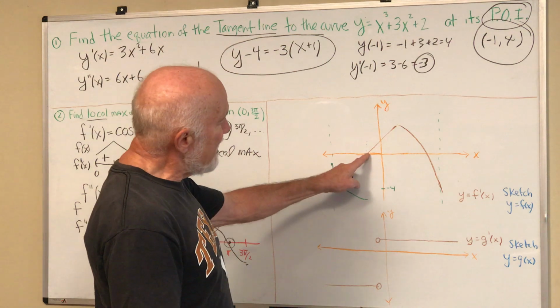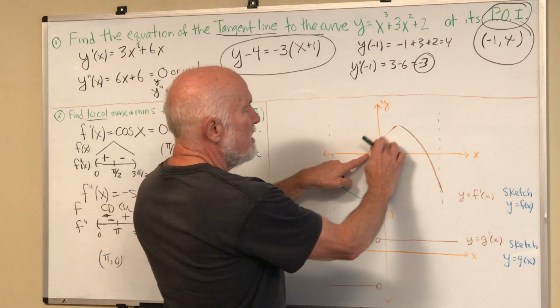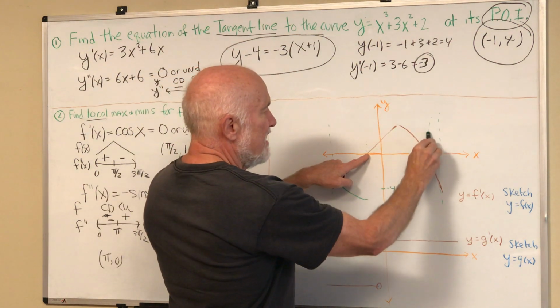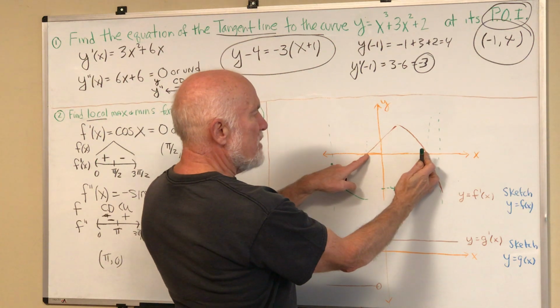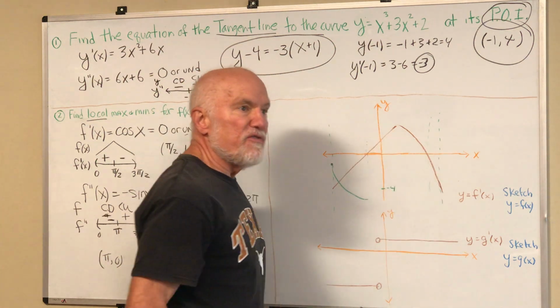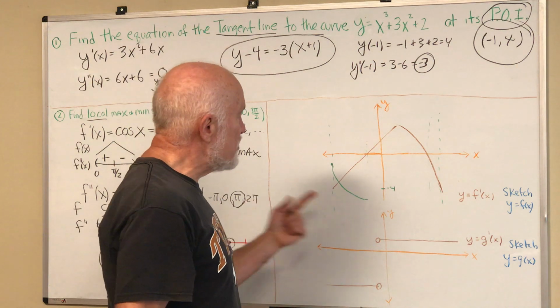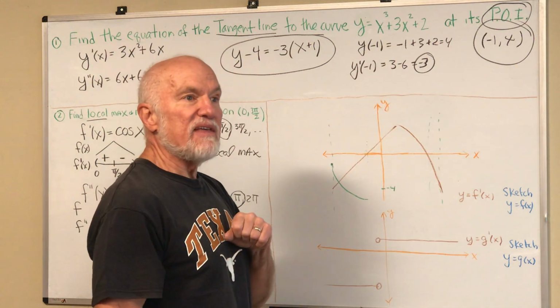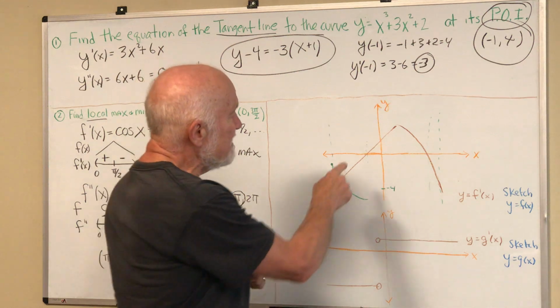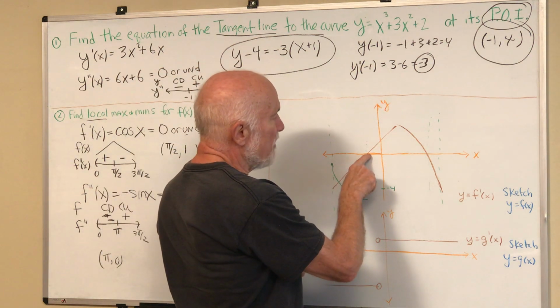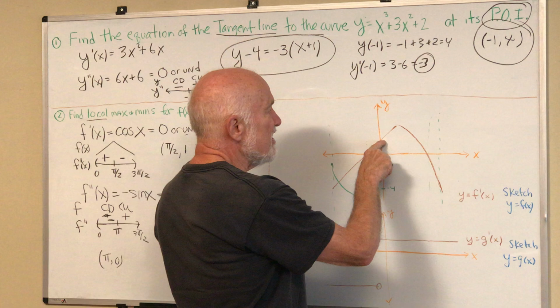Well, once we get to here, now, in these next two sections from here to here, the y values of the derivative are positive. So we know the function has to be going up in that interval. And at the beginning, the derivative is still increasing.